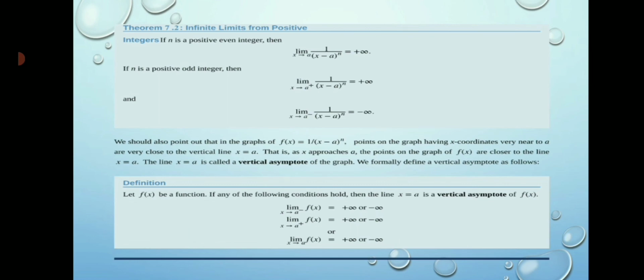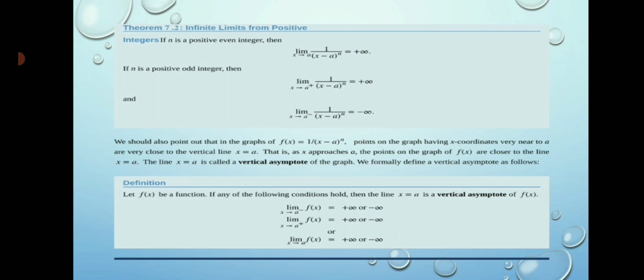We should also point out that the graph of f of x is equal to 1 over the quantity of x minus a raised to n has points on the graph having x coordinates very close to the vertical line x is equal to a.